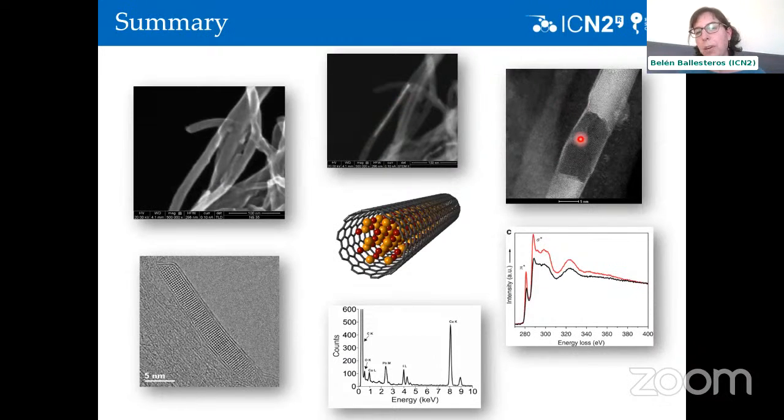If we do it in an aberration-corrected microscope, we can get the crystalline structure of our filling material and much more detail. We can also study in high-resolution TEM, and we will have this type of information. We can do EDX and see the different components we have in the sample. And for instance, we could go to EELS and study the electronic structure of our sample.